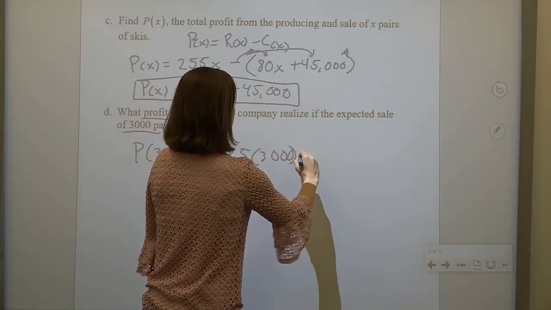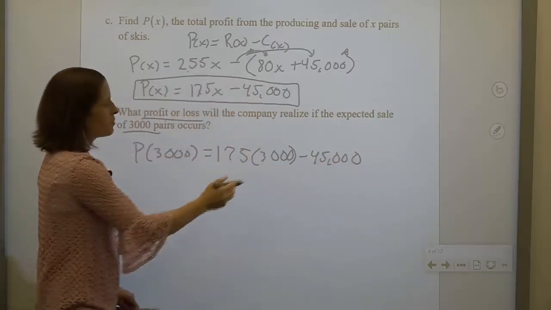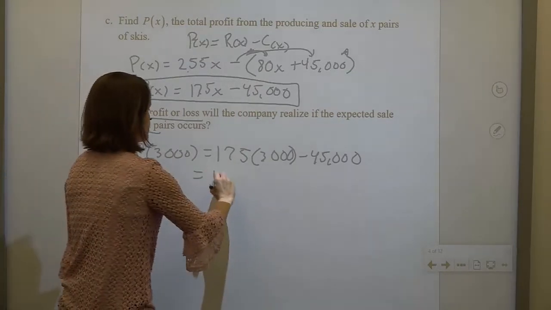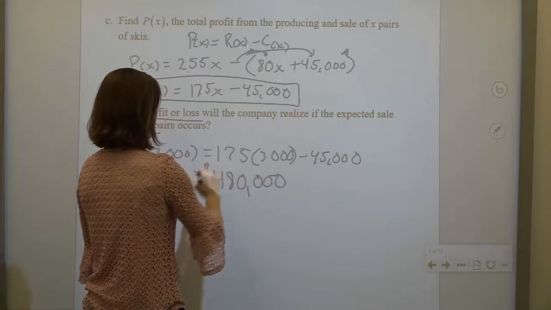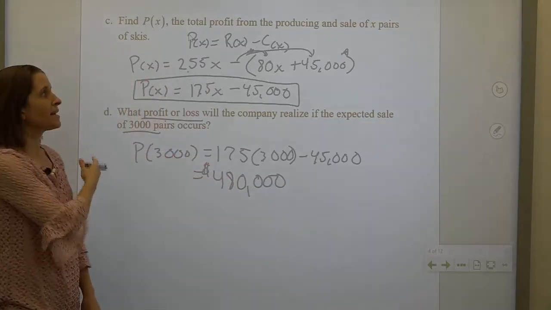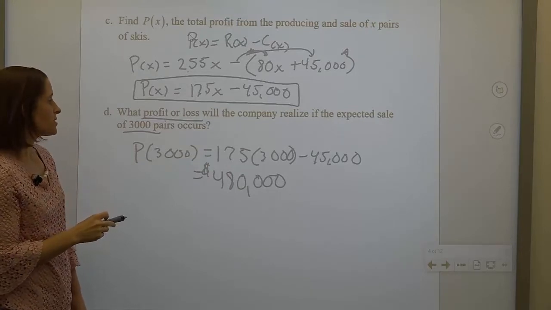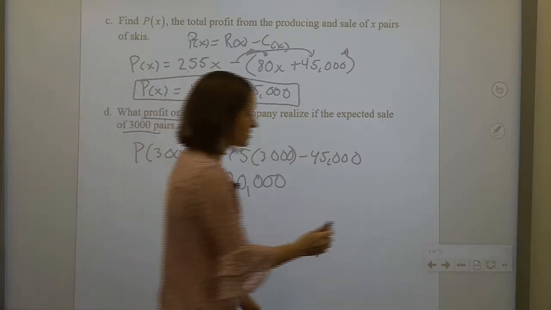Oops, 3,000, and see what we get. So we would multiply and then subtract, and you should get 480,000. Okay, so that's just taking the function that we worked so hard to build and using it. So if they sold 3,000 pairs of skis, we expect their profit to be $480,000.